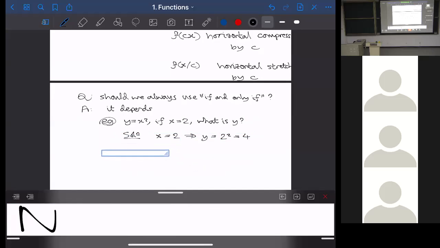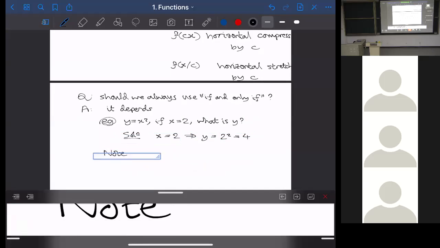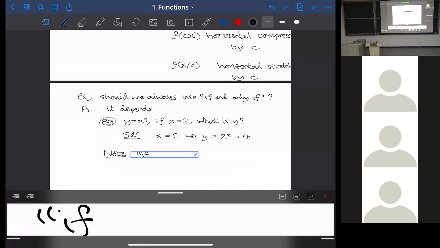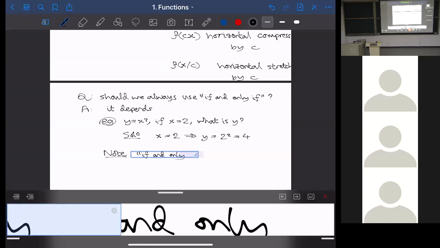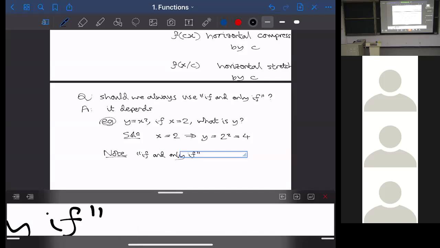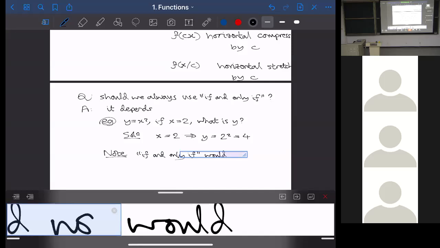So note, if and only if would not be correct here.